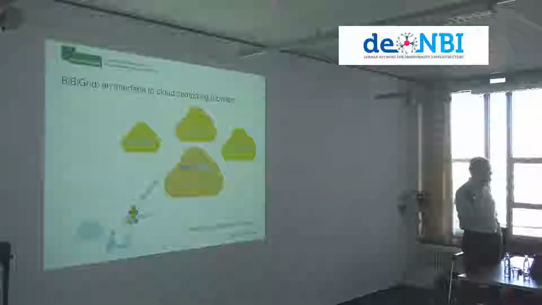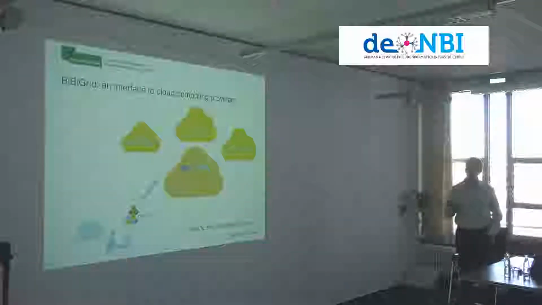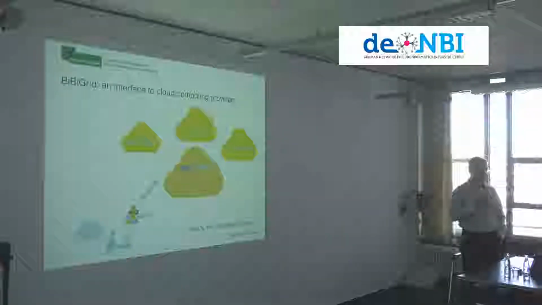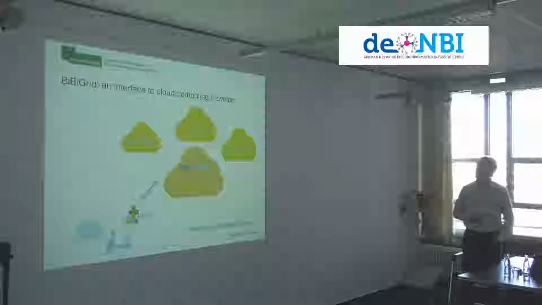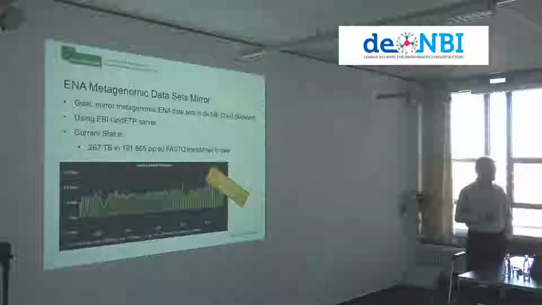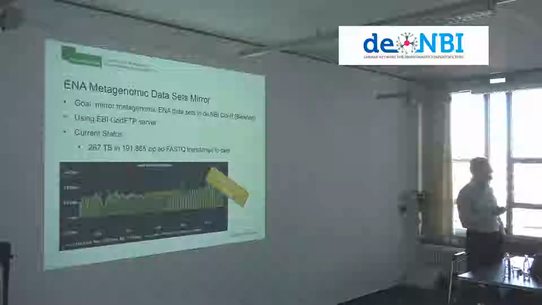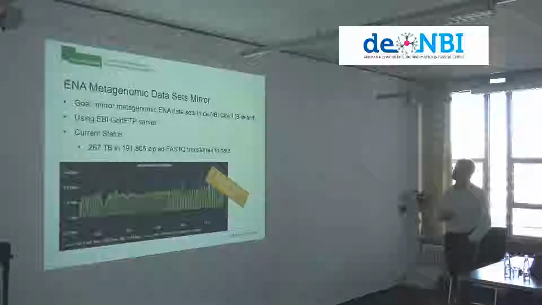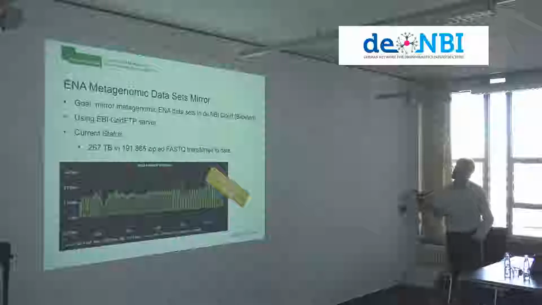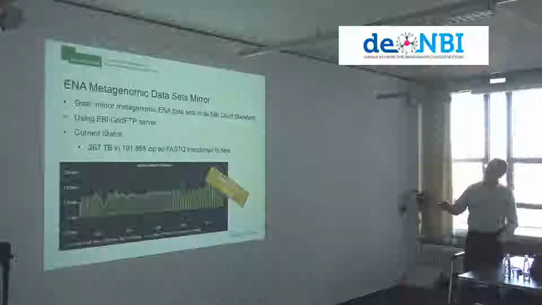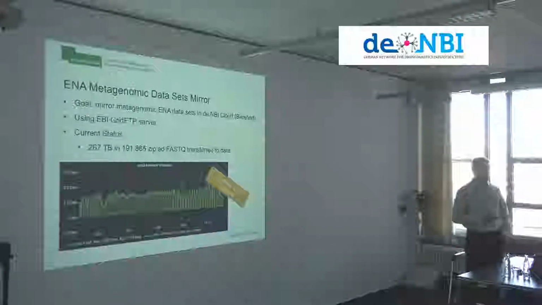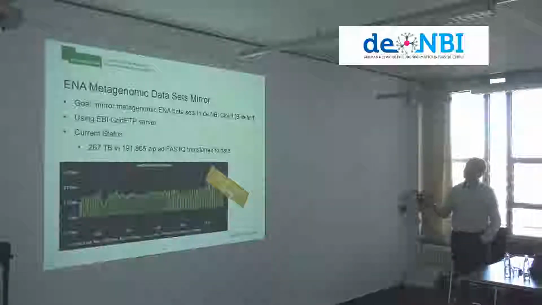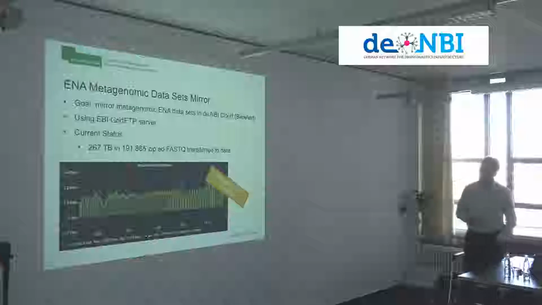And after the second round of funding, which I just mentioned a couple of minutes ago, we thought about what kind of data do we want to provide as reference data. And as we do a lot of metagenomics here, we thought, well, let's start with raw metagenomics data, because we had some nice ideas of how to use these raw data sets. So the goal was to mirror the metagenomic data of the short read archive, basically the ENA data sets, into the de.NBI Cloud here in Bielefeld.